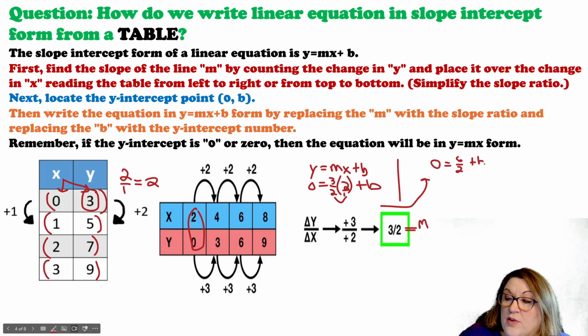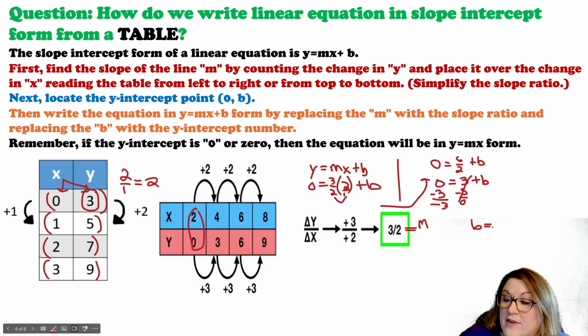And 6 over 2 is just 3, right? 6 divided by 2 is 3. So I have 3 plus b. And then to finish solving that equation, you would have to cancel out your 3 to isolate your b. That means I've got to subtract 3 to zero that out using inverse operations. And 0 minus 3 on this side is just -3. So my b ended up being -3.